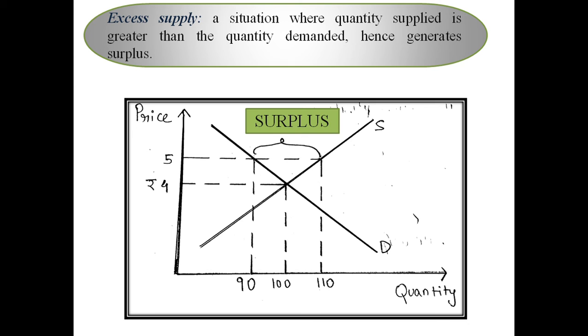This excess amount needs to be settled. How? There will be a cut in price. Falling price will again bring the price back to the equilibrium level and the quantity also to the equilibrium level. There is a movement along the demand and supply curve.